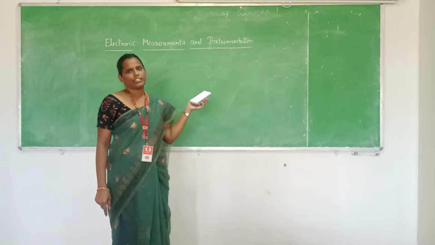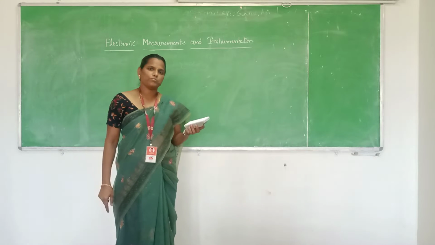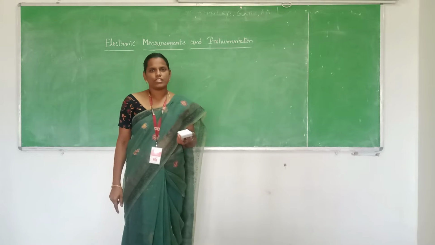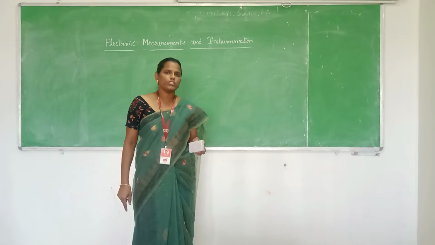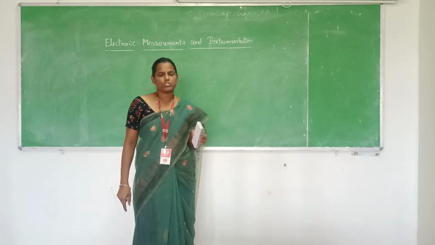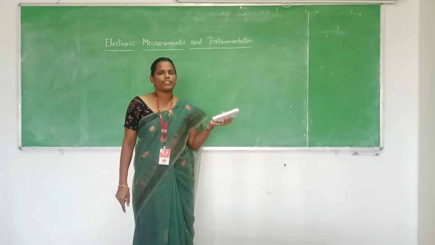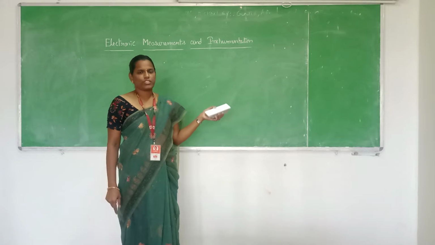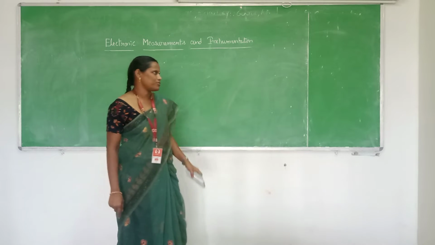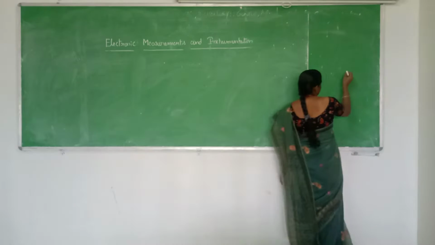The six static characteristics are accuracy, precision, resolution, expected value, error, and also sensitivity. In today's class, before going to the dynamic characteristics of instruments, let us look at the errors in measurement and also the types of errors in this instrumentation process. So let me write it in a short note.